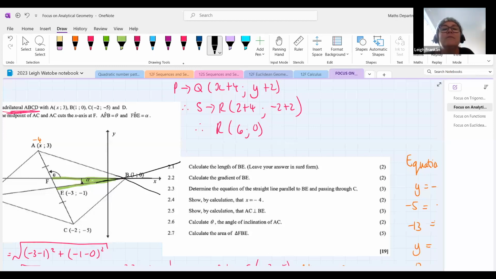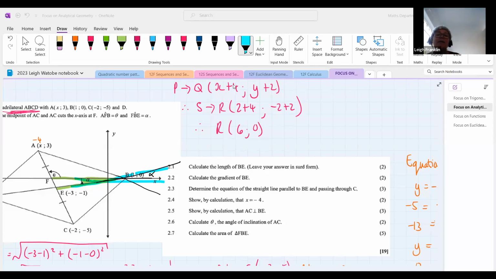Ma'am, wouldn't you use the sine rule? You don't need to use the sine rule in this case. What you can do here is if you extend this line up here, that would be alpha over there. It would be vertically opposite. Can you see that? You've got vertically opposite angles here. So there and there, you've got vertically opposite angles.